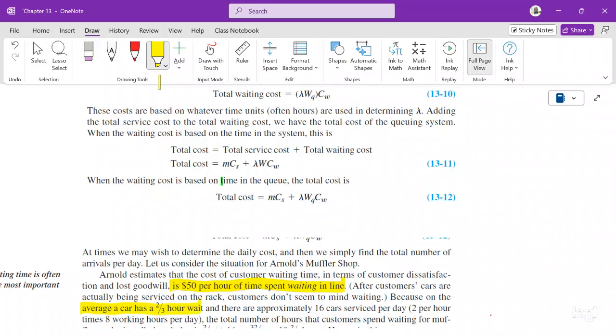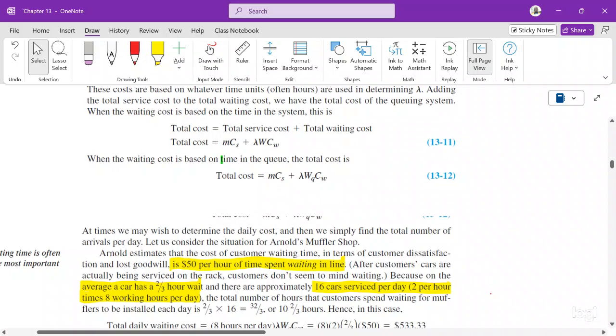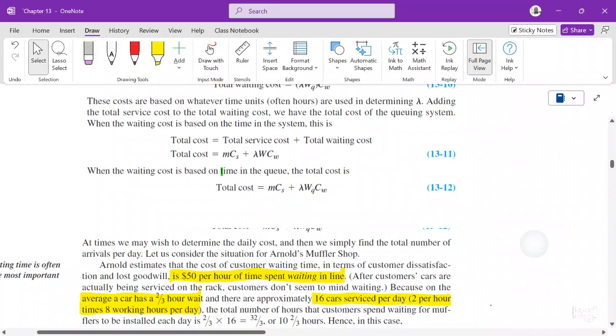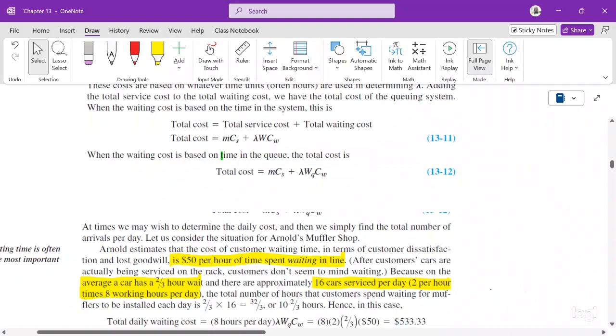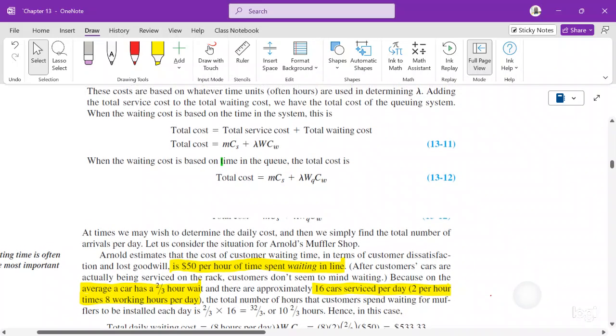Okay, then you have your 16 cars serviced per day. And then the total number of hours customers spend for mufflers to be installed each day is 2/3 times 16, which is that. But that is not what we're going to consider now, because we have our own formulas.